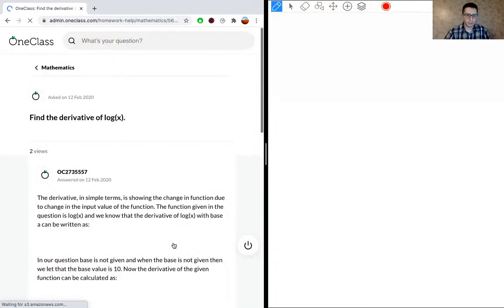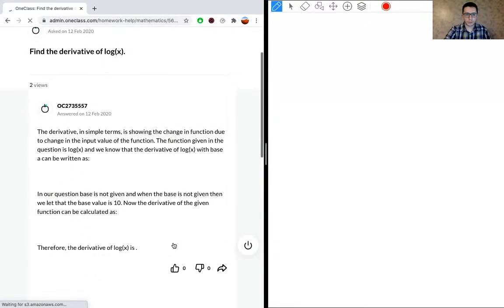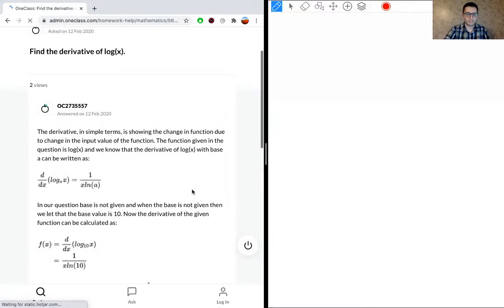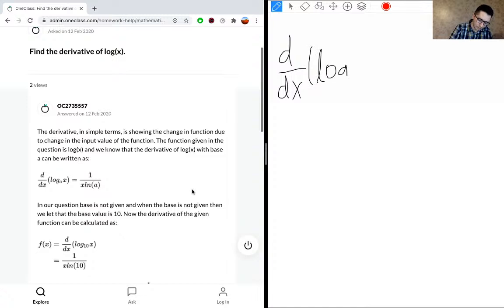Okay, so we have another question over here. We are asked the derivative of log x. So d/dx of log base a of x.